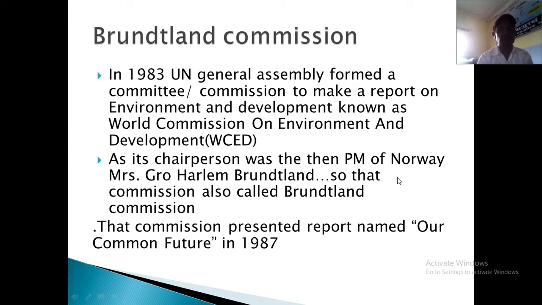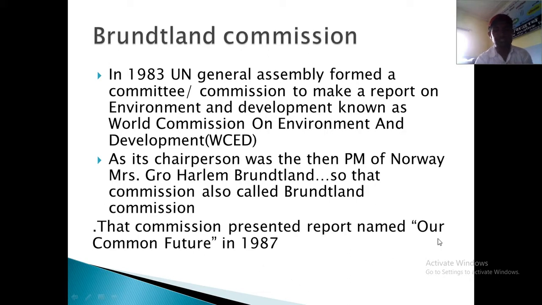So, this commission is also called the Brundtland Commission. Remember that it is also called the Brundtland Commission because the chairperson of that commission was Mrs. Gro Harlem Brundtland, the then Prime Minister of Norway, and this commission presented its report in 1987.